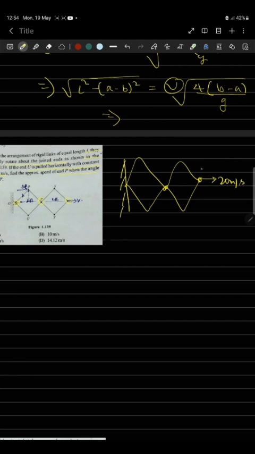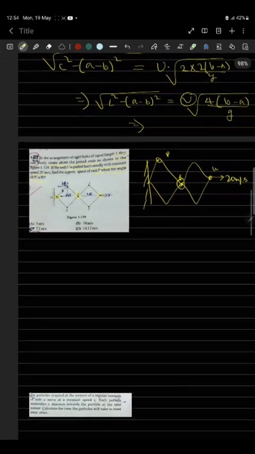This is the end U, this is the end R, and we are asked to find the velocity of this end P. Okay, so first of all we will try to find the velocity of this end R. In this rigid link apparatus, we can say that the distance traversed by the U in an expansion is twice the distance traversed by the end R in the same expansion. So we can write that xU is equal to 2 into xR.